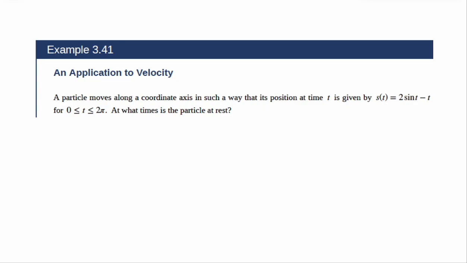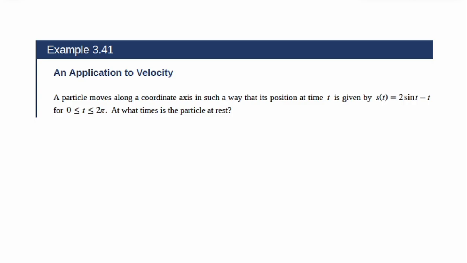It's just the nature of the movement of waves. So because of that, it is common to have an equation containing a sine or cosine when it comes to motion. So it says a particle moves along a coordinate axis in such a way that its position at time t is given by the s of t equation there.